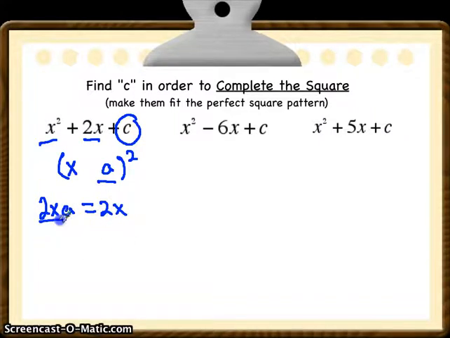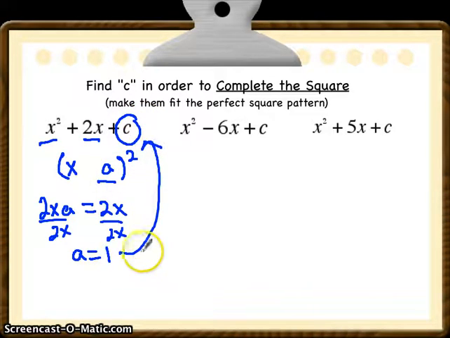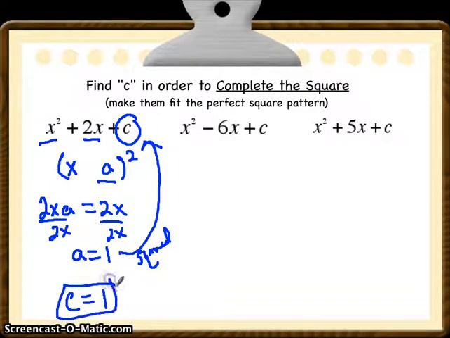Well, if I divide out 2x here and I divide out 2x there, we'll quickly find out that a needs to be a 1. Therefore, my c right now, over here at the right, because this number squared will give me c, well, c equals 1 squared, or 1.